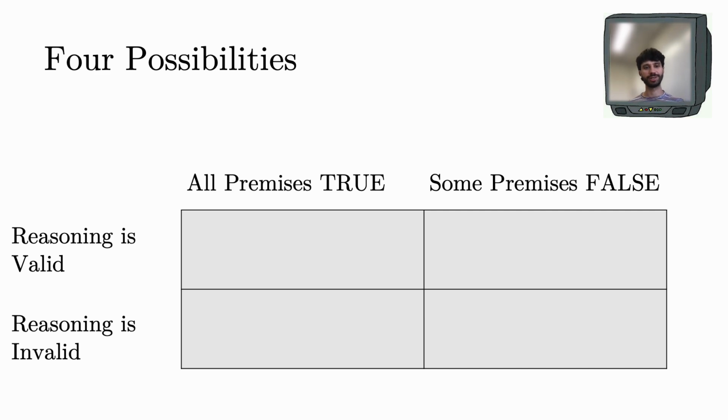Okay, so let's keep on going. Let's look at 4 possibilities of deductive arguments, of what can happen. And over here we have that the reasoning is valid or invalid in the rows, and in the columns we have that all the premises are true and some premises are false.